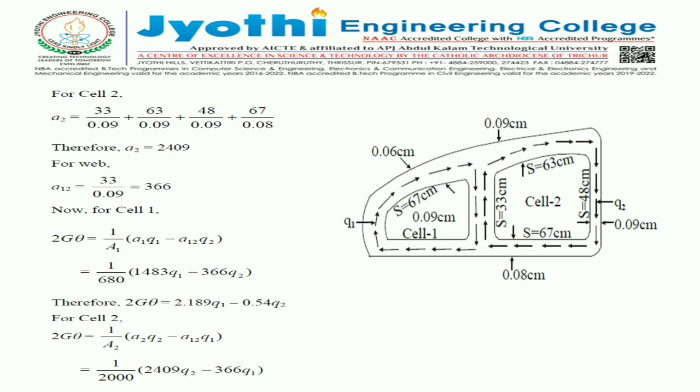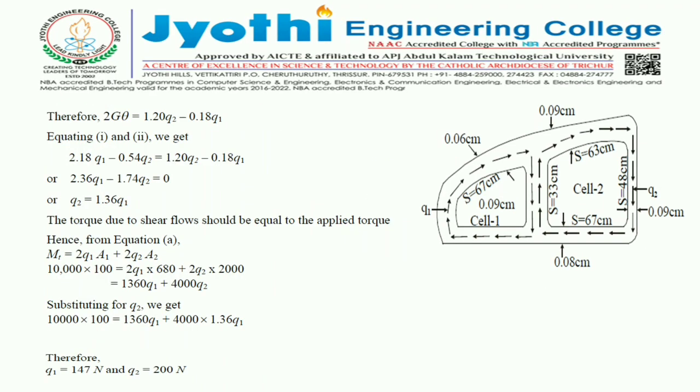Similarly, for cell 2, 2G theta is equal to 1 by A2 into (a2 Q2 minus a12 Q1). Substituting the values, we get 2G theta is equal to 1.20 Q2 minus 0.18 Q1.